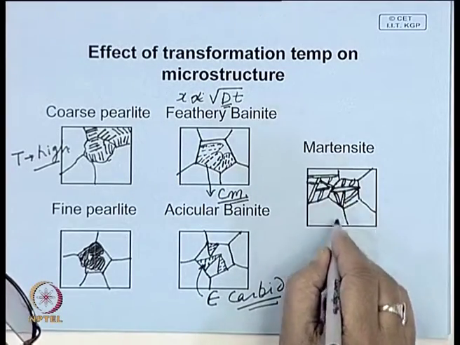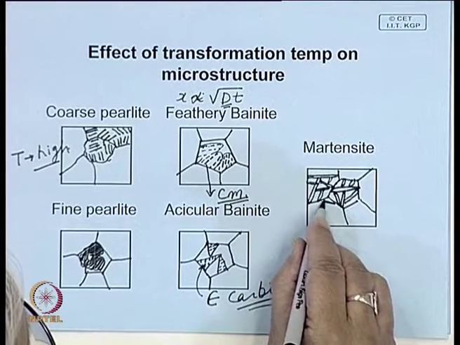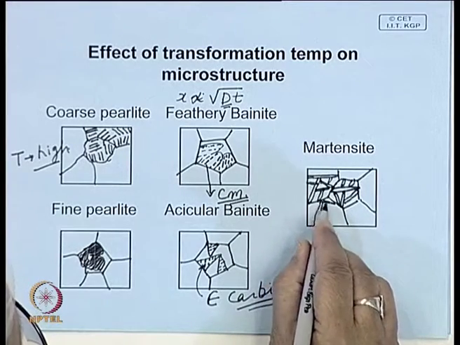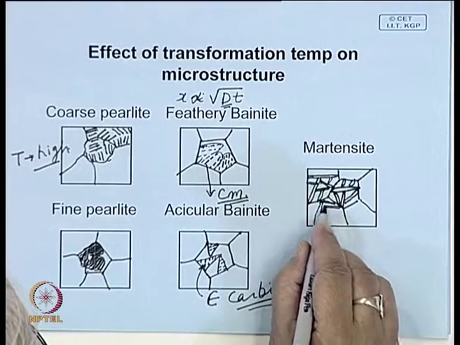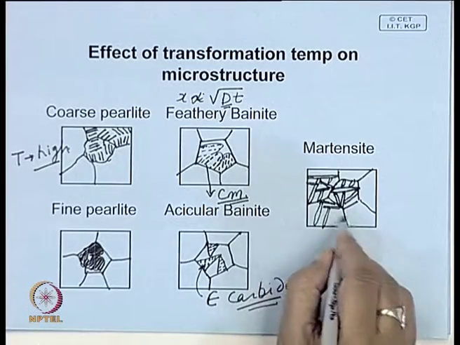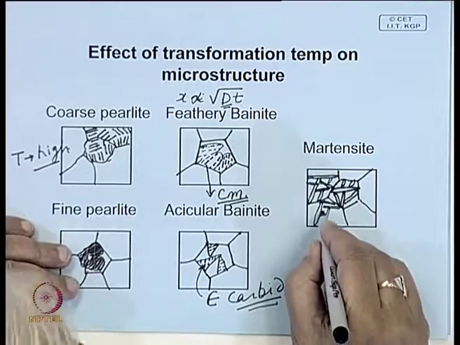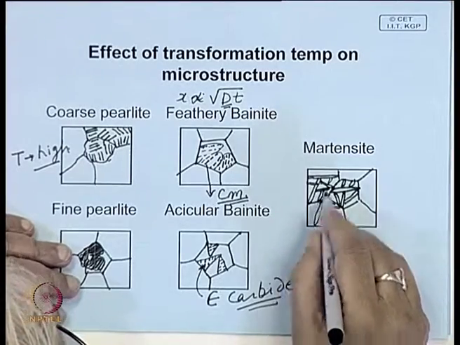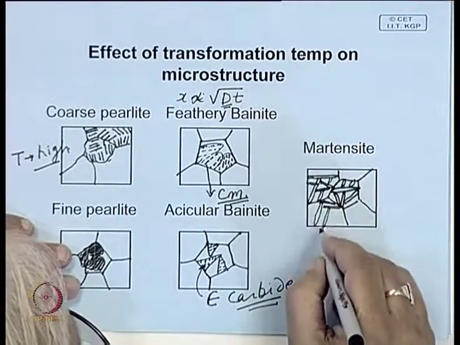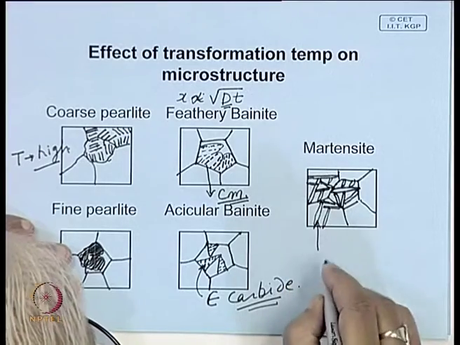So, it is a little difficult to etch, and later on we will see when we look at heat treatment, if you give a little tempering treatment, then they etch very easily, and when the carbide precipitates out in these platelets, these are called needle-like.